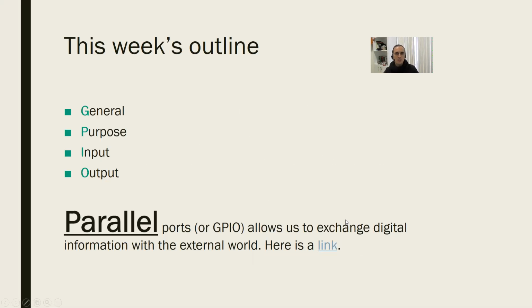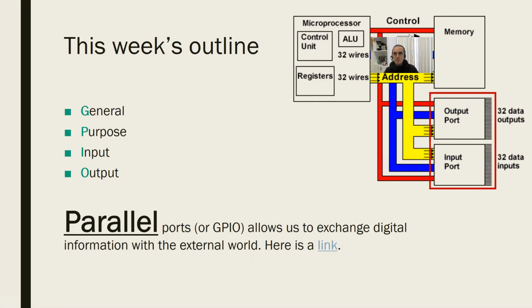Okay, so guys, remember the architecture. So there was the microprocessor, inside it, the control unit, the arithmetic logic unit, and the registers. And assume that this is a 32-bit microprocessor just like ours, which means we have 32 wires for many things.